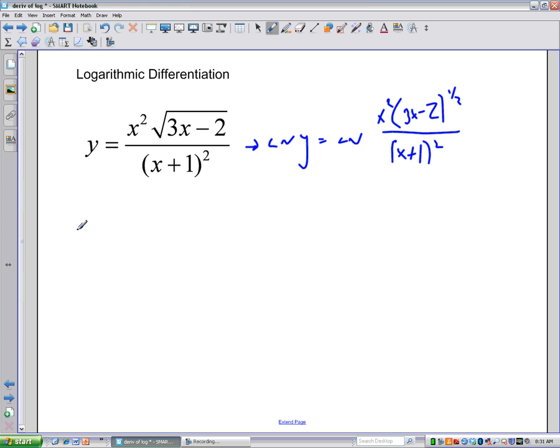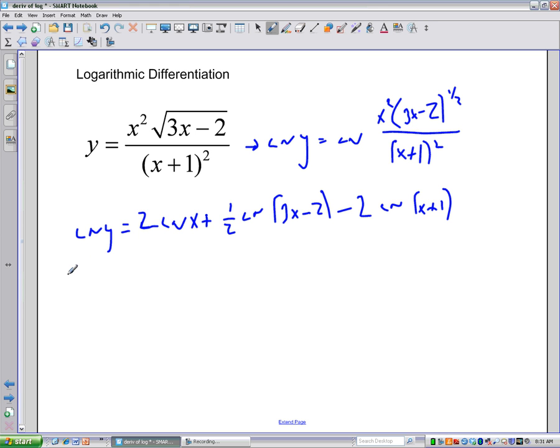Then I use my properties of natural logs to make this into a nice equation. Let's go with 2 natural log x plus 1/2 natural log 3x minus 2 minus 2 natural log x plus 1.